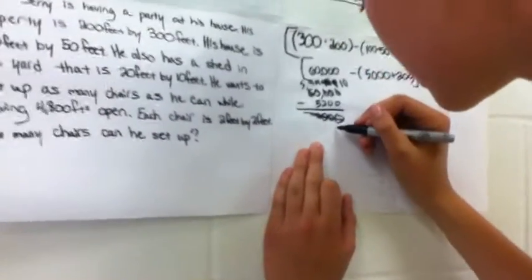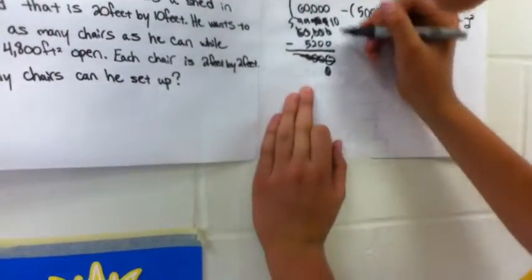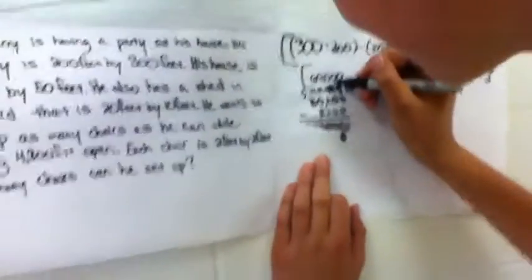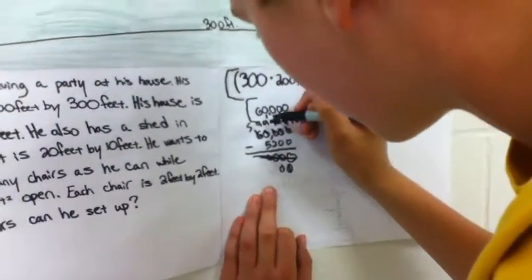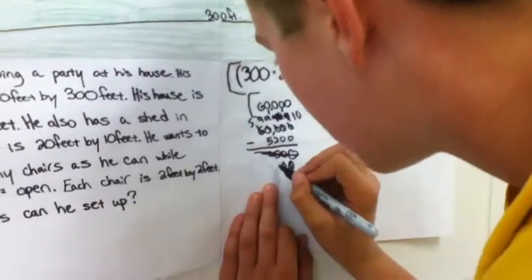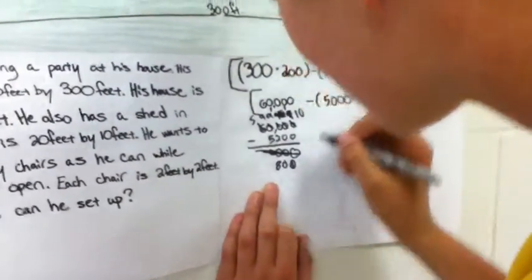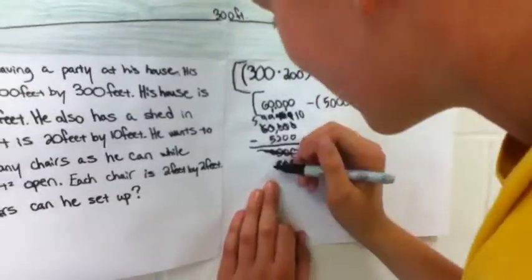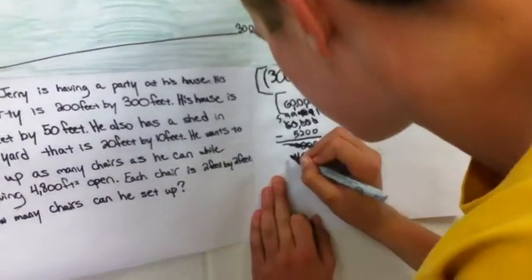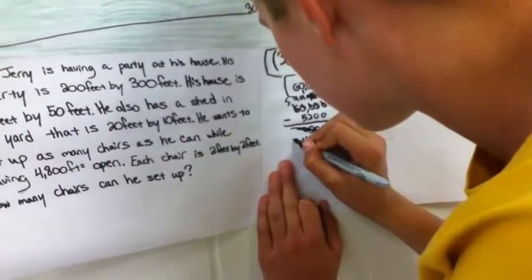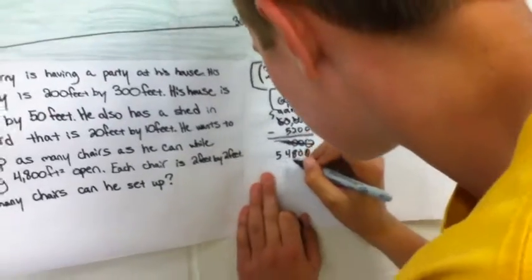So that'd be 10 minus 0 is 10. Bring the 1 up here, and that creates a 0. 1 up here again. 10 minus 2 is 8. And then 9 minus 5 is 4. And then carry the 5 down. Yeah. Right? I'm not sure.